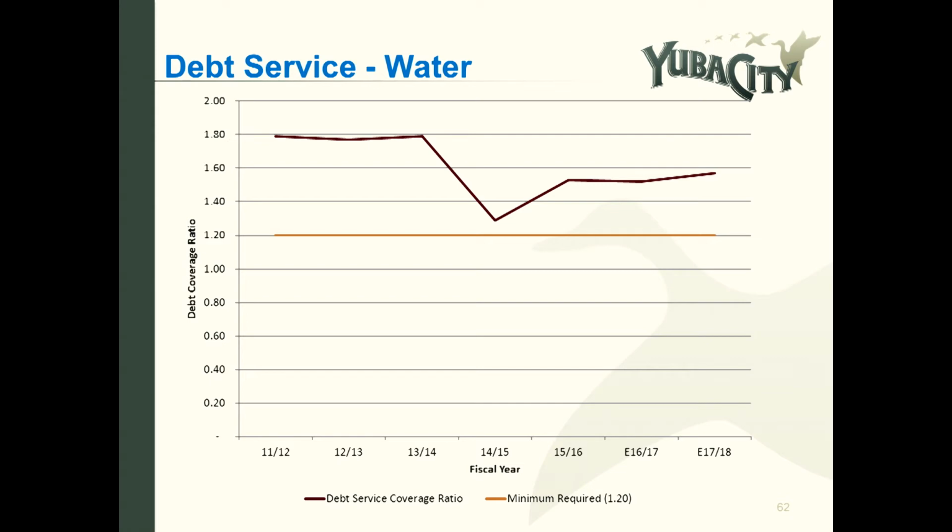That was one of the things really prompting staff and the council to move forward with the rate increases. And with the rate increases that have taken place, we have been able to maintain above that 1.2 threshold. And then for wastewater, the rates are the same as the 218 rates.